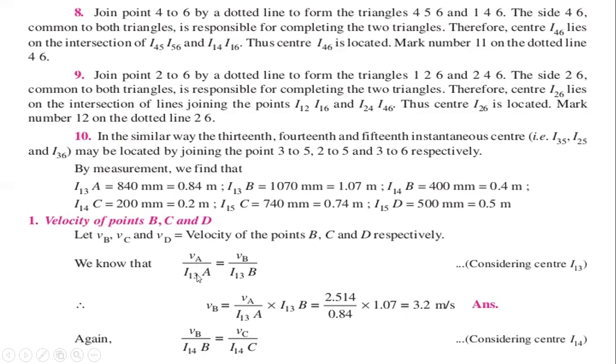V of A by instantaneous center 13 at A position is equal to velocity of B divided by instantaneous center 13 at B position. These are to be taken.